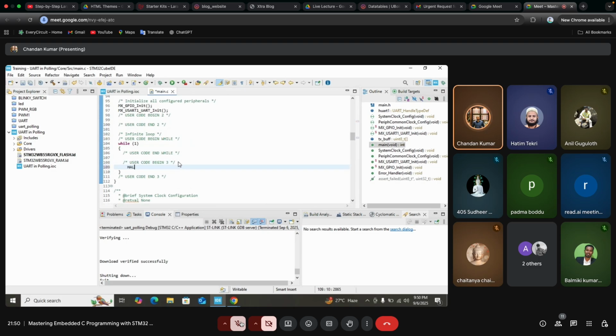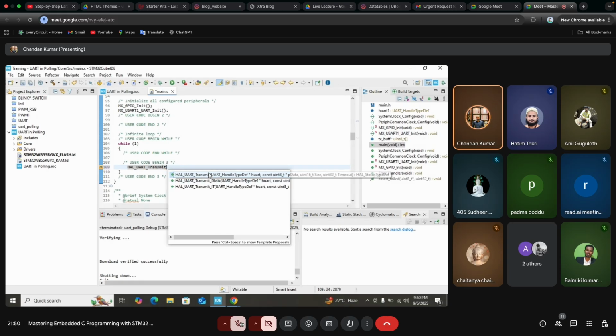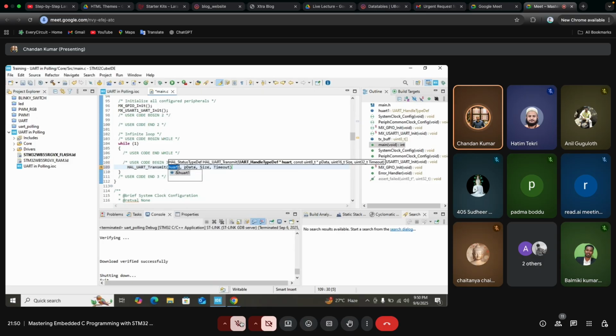So I'll write HAL UART transmit. For polling mode, we will select the first one. In this, we will select that we are using UART 1. Our data is in TX buffer. Size of data will be size of TX buffer. And timeout. Yeah, one more thing. In interrupt mode of UART, we were not using timeout, correct?